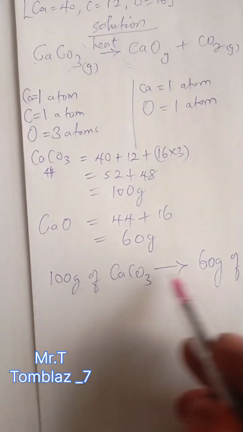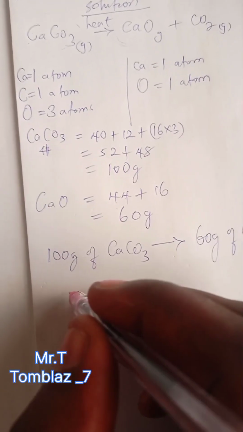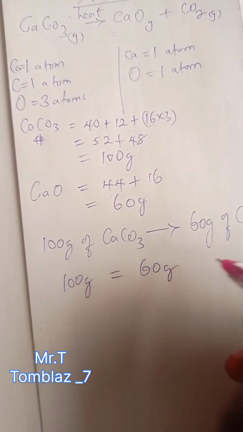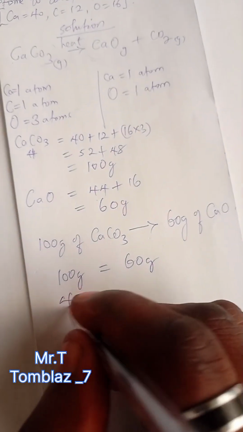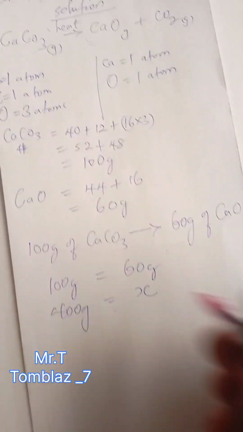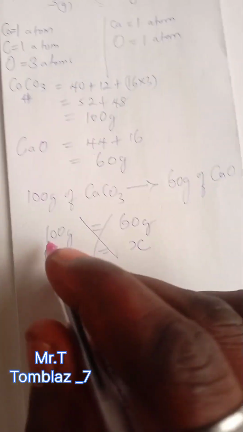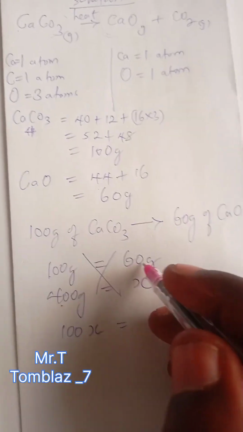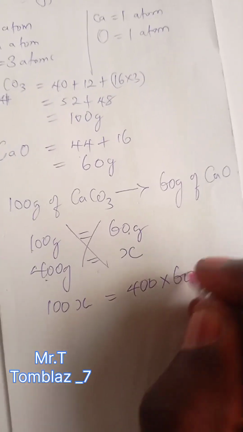So if this is related, that means we can say 100 grams gives birth to 60 grams. Then what will 400 grams give birth to? X. So when we cross multiply, x will multiply 100, so we have 100x. 400 will multiply 60, so we have 400 times 60.